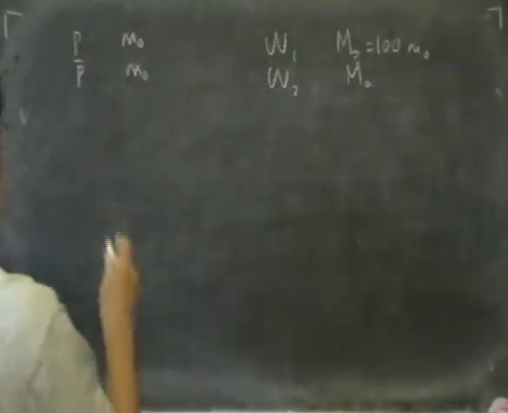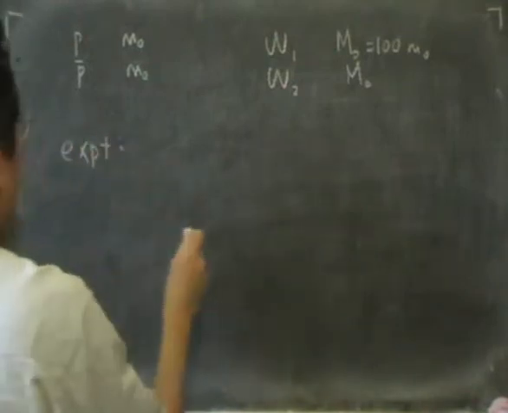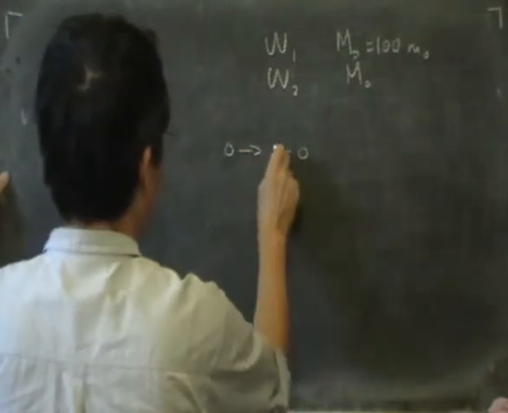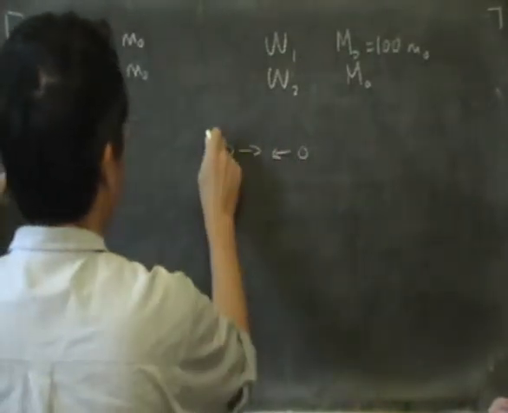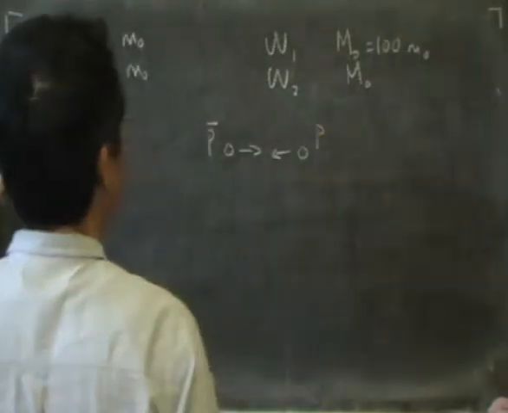So we have two experiments that we want to check out. We have experiment 1, in which we have a proton and an antiproton coming at each other. Let's say that's antiproton and that's proton.